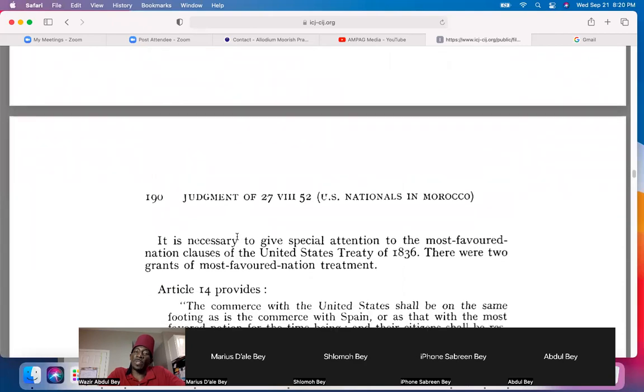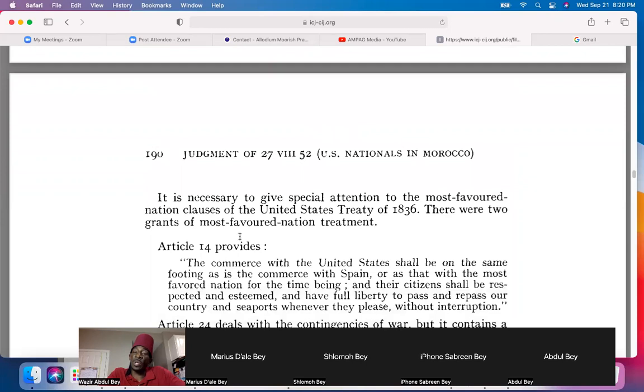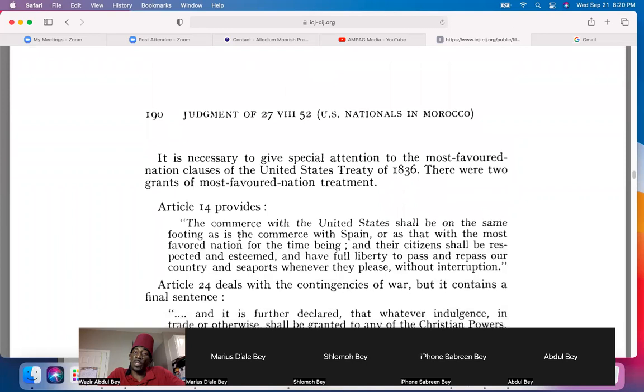It is necessary to give special attention to the most favored nation clauses of the United States Treaty of 1836. There were two grants of most favored nation treatment.